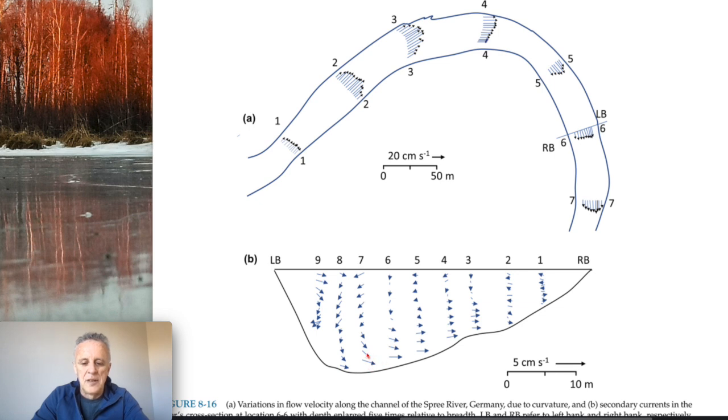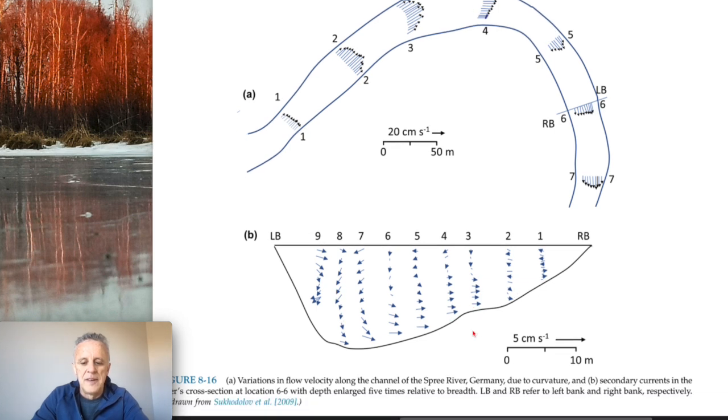We have the water tending to move from the left bank to the right bank at the bottom of the river. And what is interesting here is that the left bank has pretty good velocities, even in comparison to the middle, which is not the case, for example, for station 2, where we have slower velocities right at the edge of the bank compared to the middle of the river. And that may be due to the fact that the water is colliding with that edge here, and is accelerating in that area.